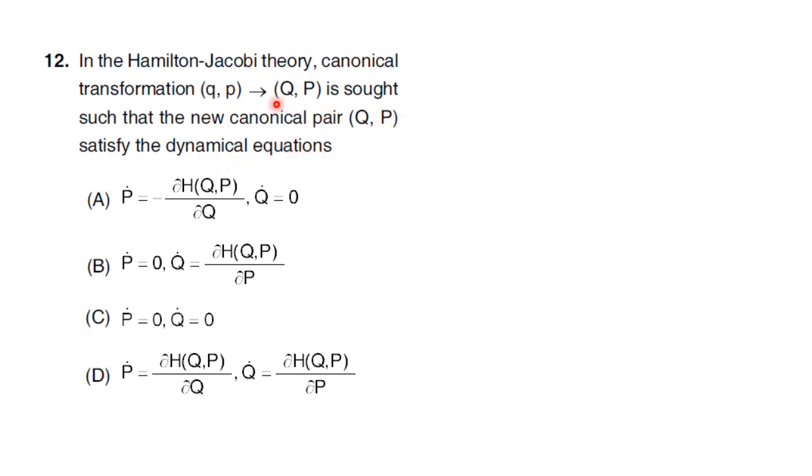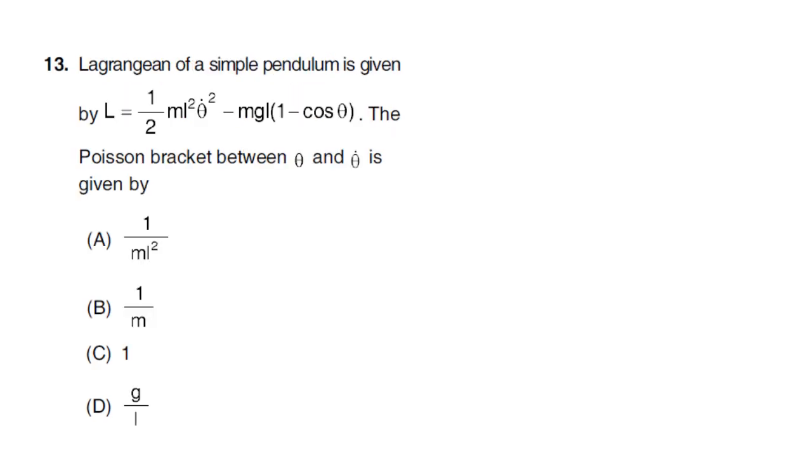So, according to Hamilton-Jacobi theory, capital P dot is given by minus dou H by dou Q. Q dot is given by dou H by dou P. Here, to satisfy the dynamical equation, this P dot should be equal to 0. Similarly, Q dot should be 0. Therefore, option C is correct.